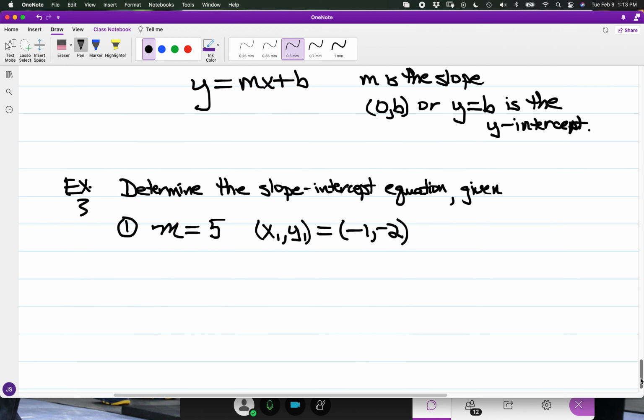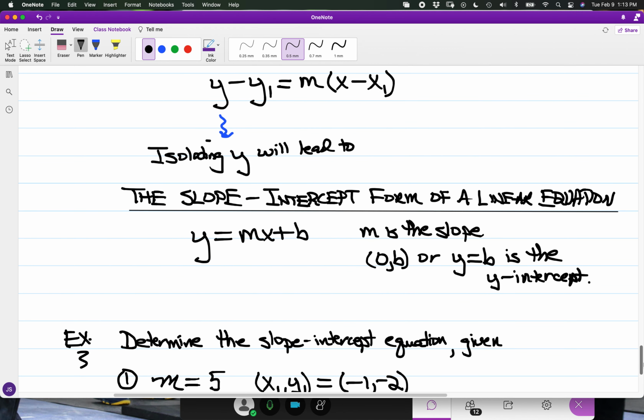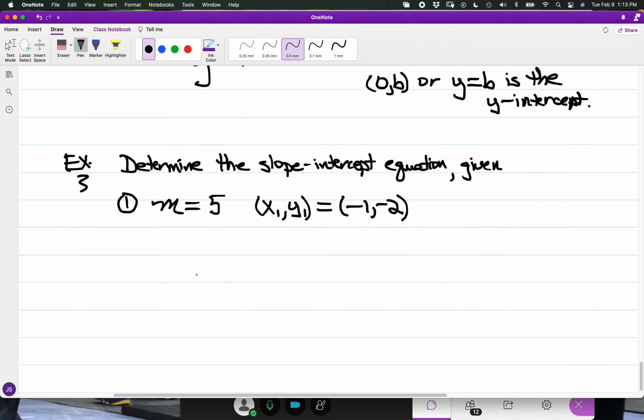Okay, now in the backdrop to this, again we have the point-slope formula. Again, in the setup, we have y minus y1 is equal to m times the quantity of x minus x1.